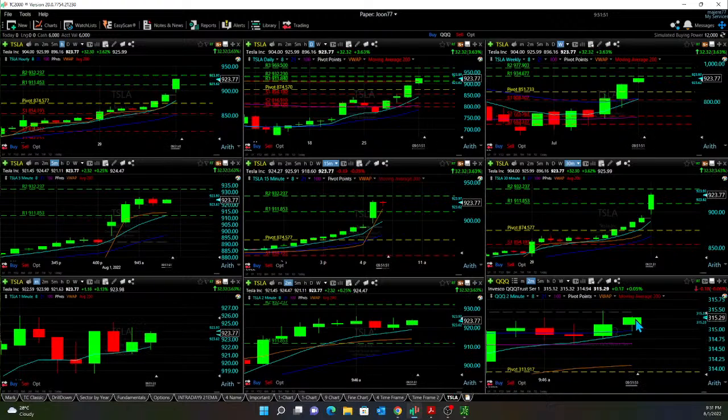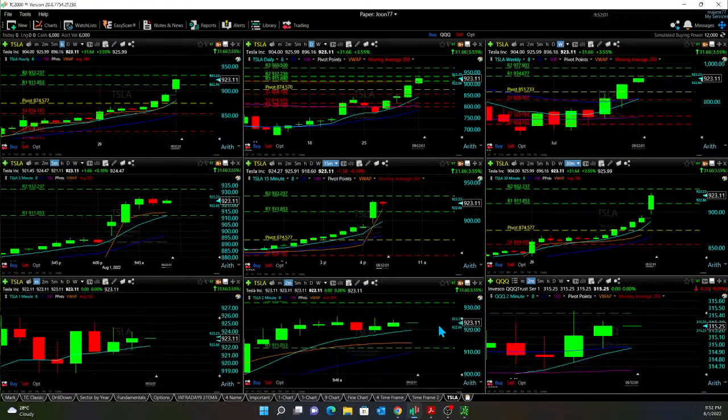Okay, QQQ is going for another rush up. Let's see whether it will take Tesla along. It's trying, not that much strength.